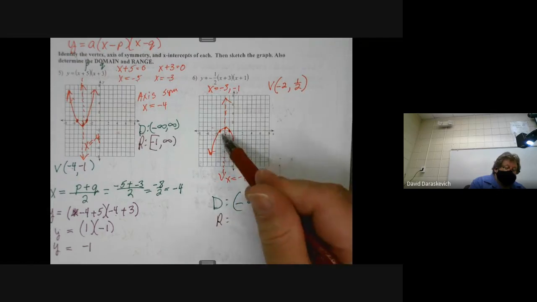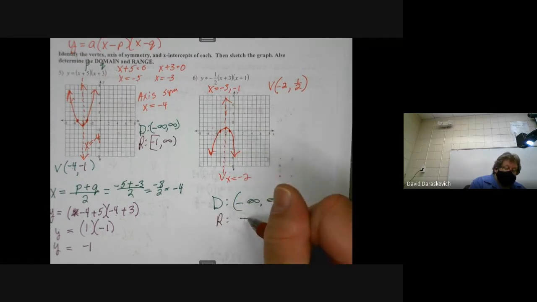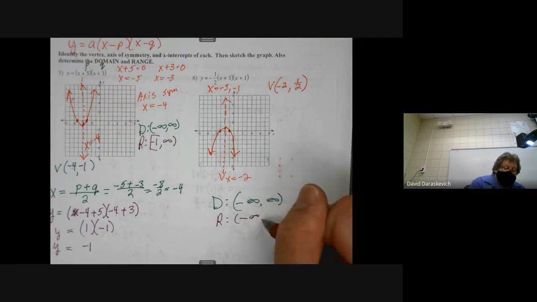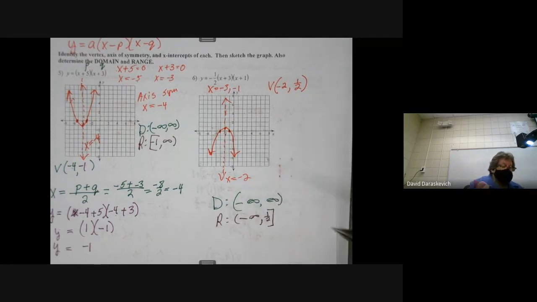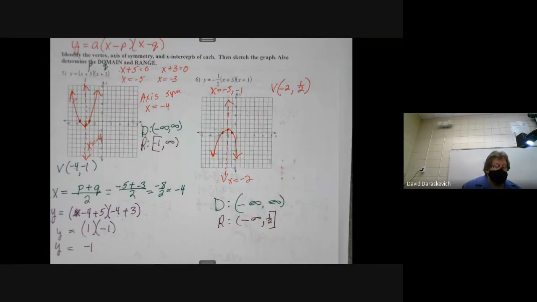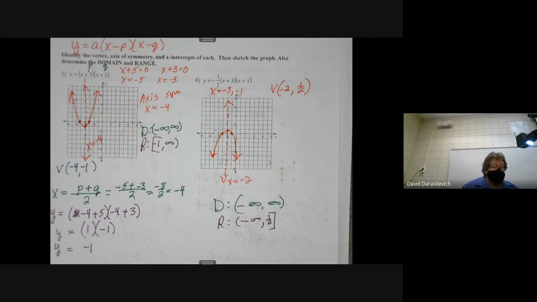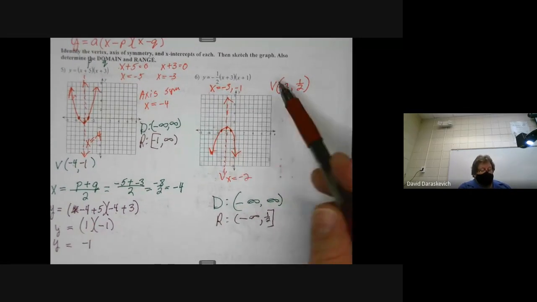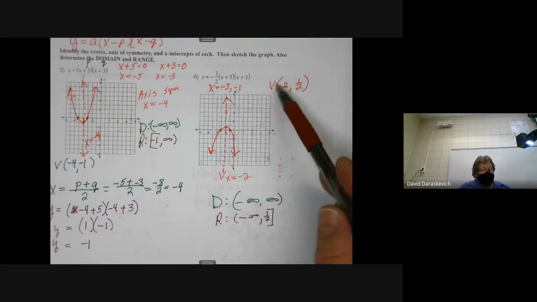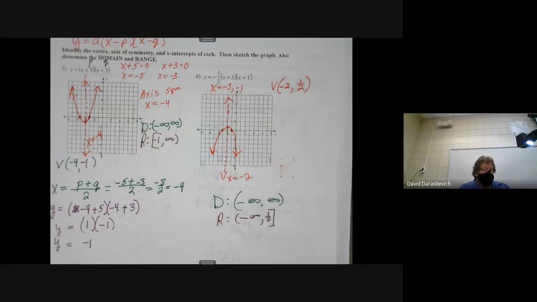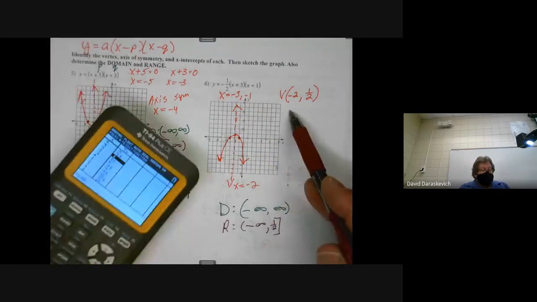Since this is going down, I'm going to have -infinity first. And my k is 1/2, included. Anything else? Nope, that's it. So, like I said, because I don't use this all that often, I got confused here, but I got it straightened out.